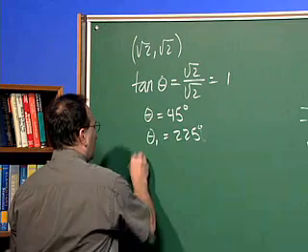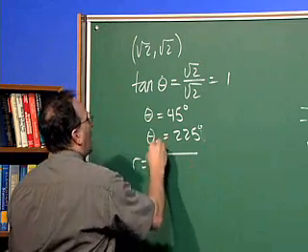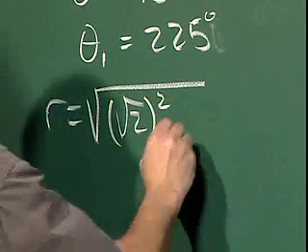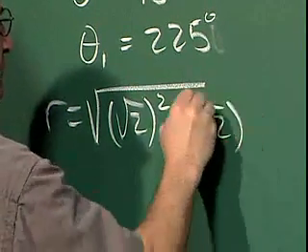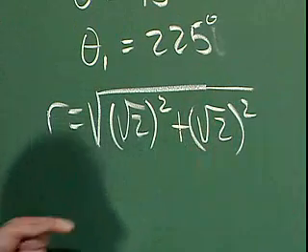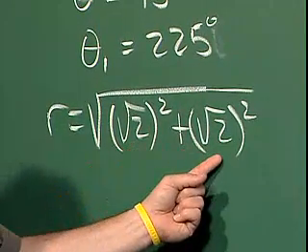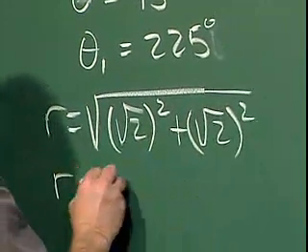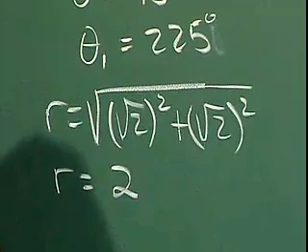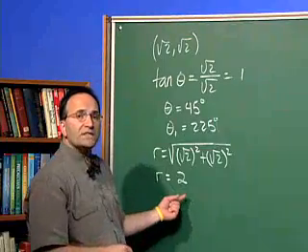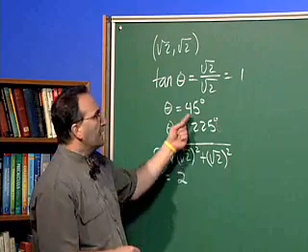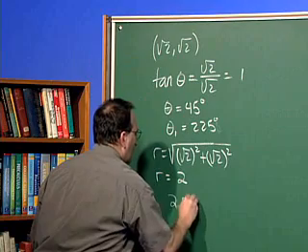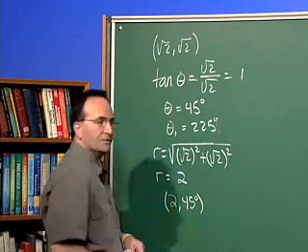R is equal to the square root of x squared, which is the square root of 2 squared, plus y squared, which is the square root of 2 squared. Square root of 2 squared is 2. 2 plus 2 is 4. And therefore, r is equal to the square root of 4, which is 2. Now, we take that 2, combine it with the 45, and our first point is 2, comma, 45 degrees.